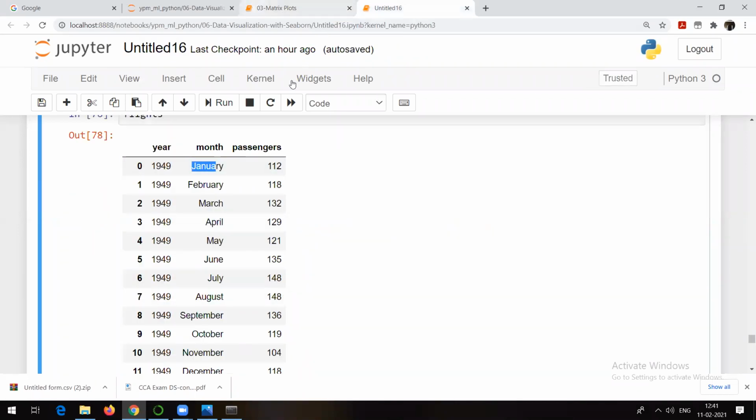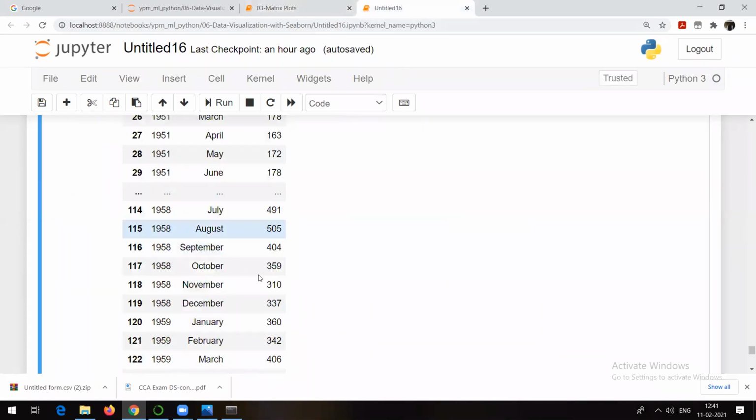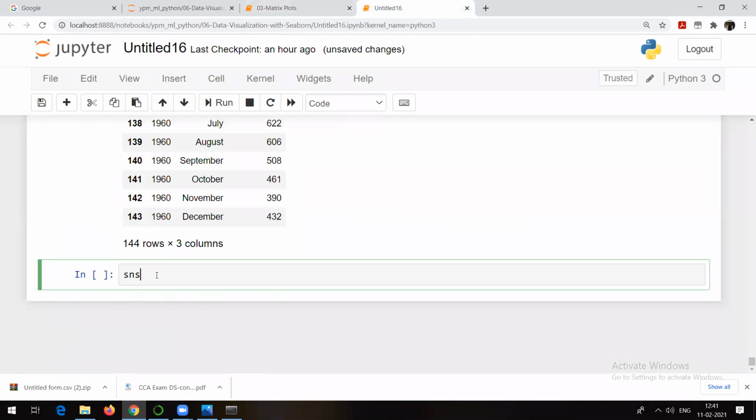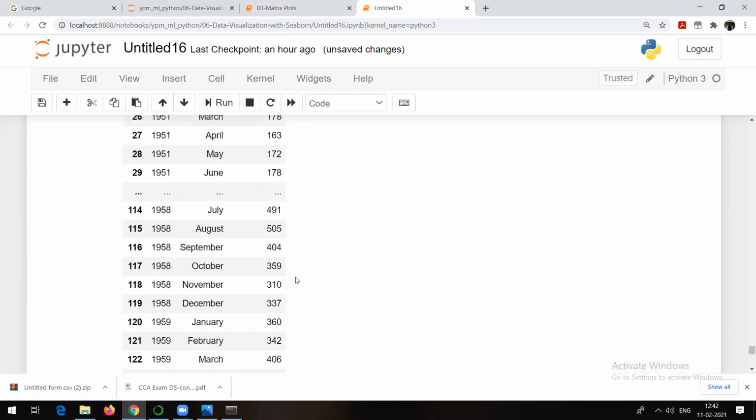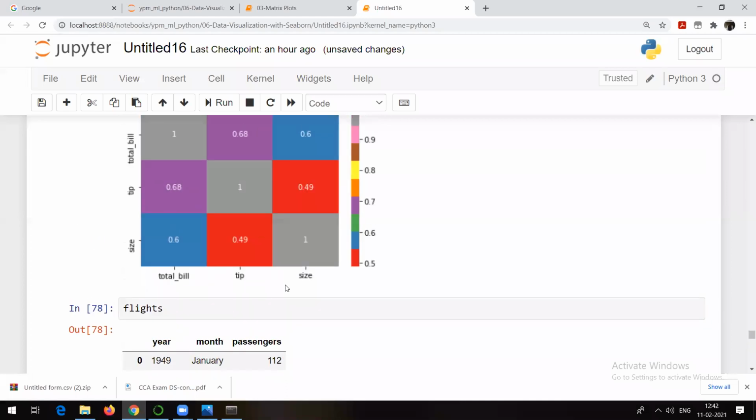So I mean to say here, flights is our data set. Flights dot pivot underscore table is the command. The pivot underscore table command helps you to look at the data the way you want. What I want here is values from the passengers column.